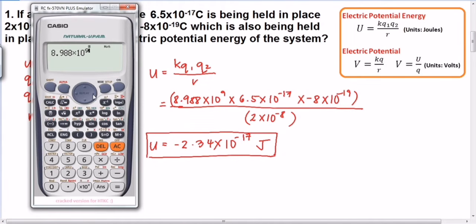Ayan, so times 10 raised to 9 times 6.5 times 10 raised to negative 17. Yan. And then times negative 8 times 10 raised to negative 19. And then, syempre, lalagay nyo, divide. So, divide 2 times 10 raised to negative 8. Ayan.